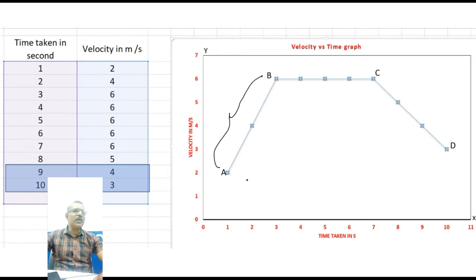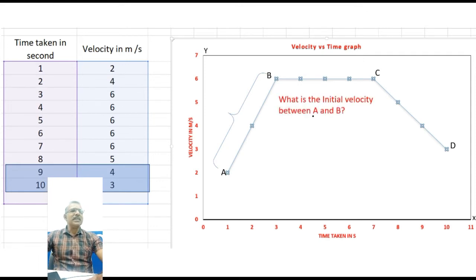And now we'll talk of the movement on AB part of the graph, right? Now why is this so important? Because sometimes a question contains only a particular part of the graph, and they'll ask you a question related to that graph where you have to interpret the graph. So this video tutorial is to understand how to interpret the graph and how to draw the graph, right? Now we'll go ahead here.